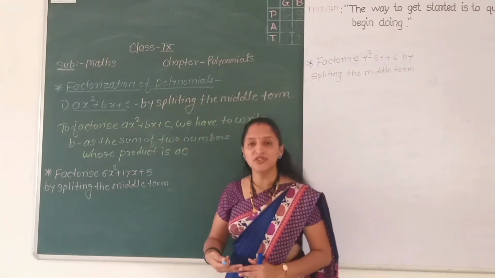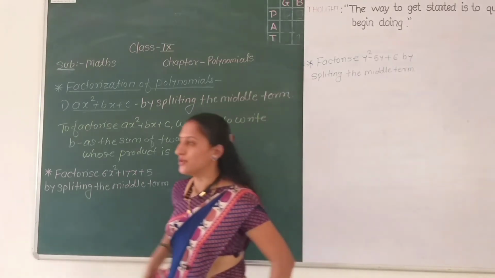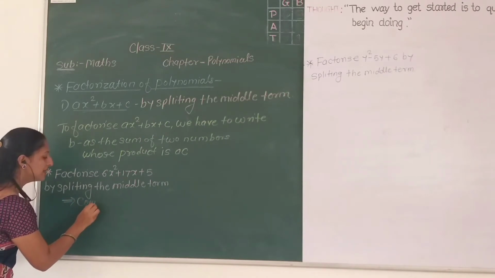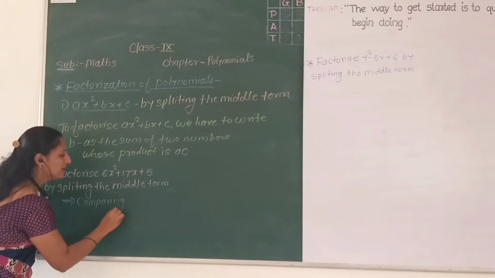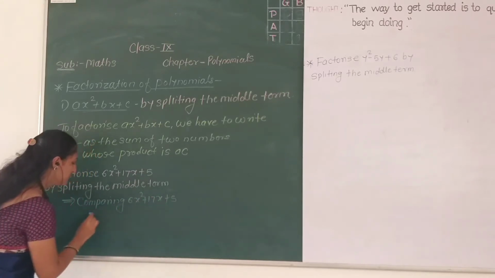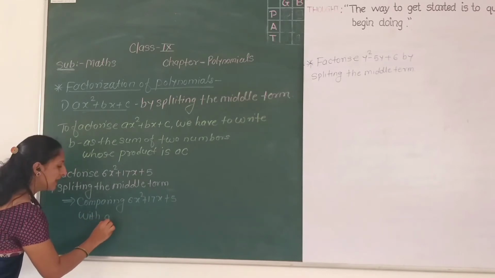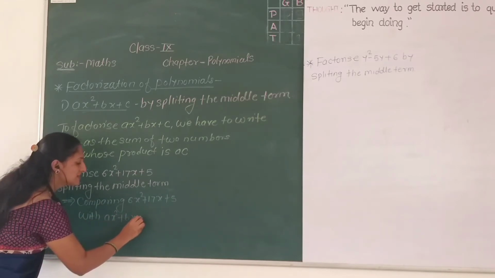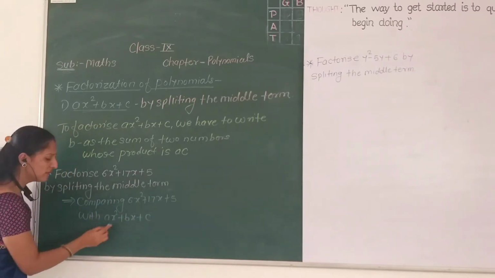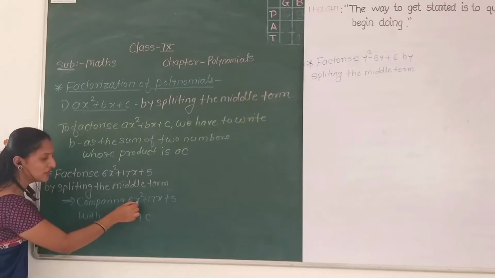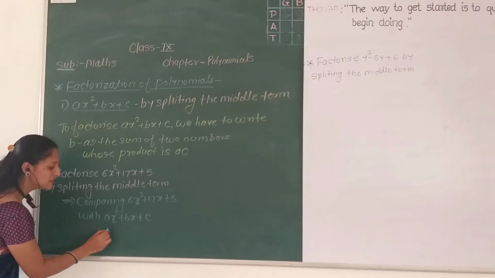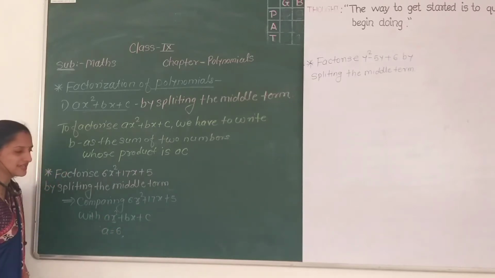Comparing 6x square plus 17x plus 5 with ax square plus bx plus c, the coefficient of x square is 6 here and a there, so a is equal to 6.